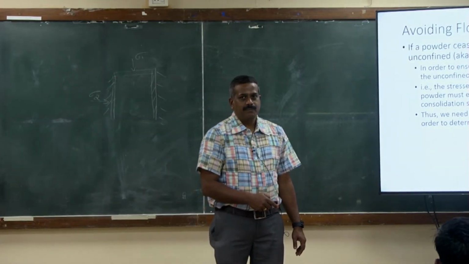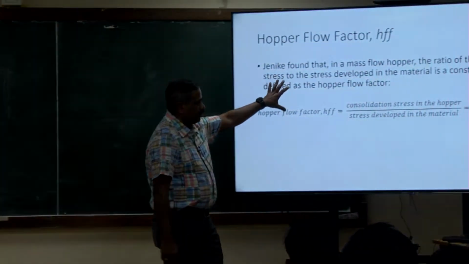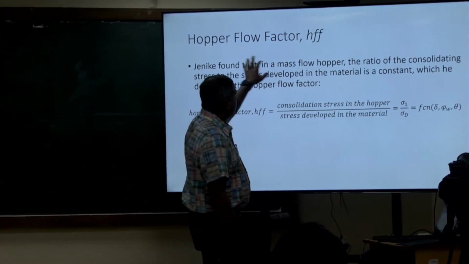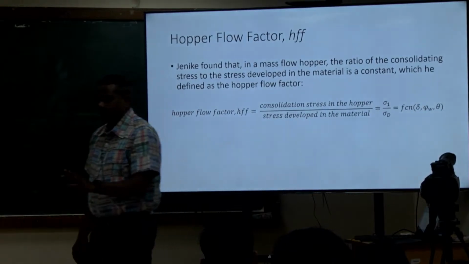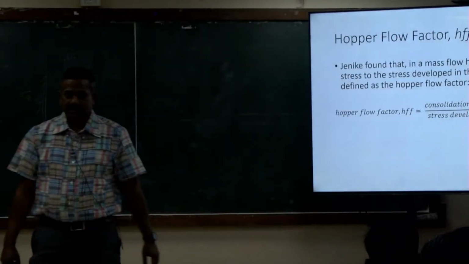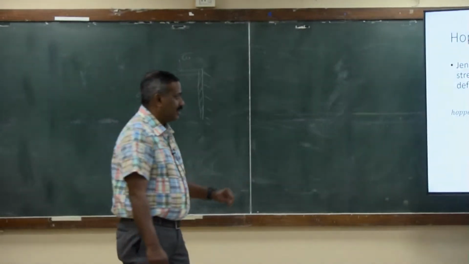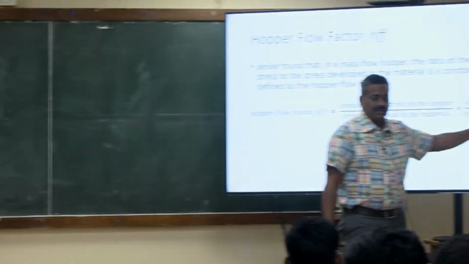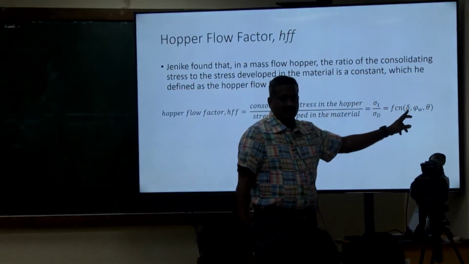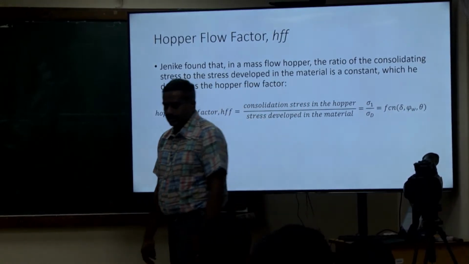No? Okay. So again, for a mass flow hopper, we went through those examples, right? We can get the hopper flow factor too. For different angles, we can get those relationships, but as I said, most of the relationships he has already plotted. It's a function of the angle of internal friction, the angle of wall friction, and then the hopper angle, right?